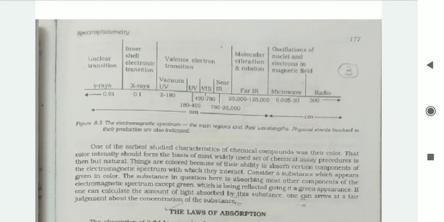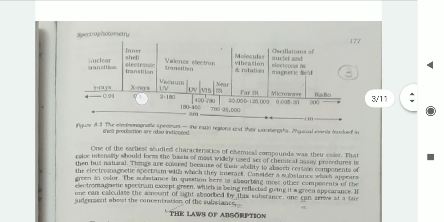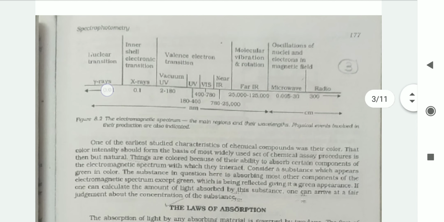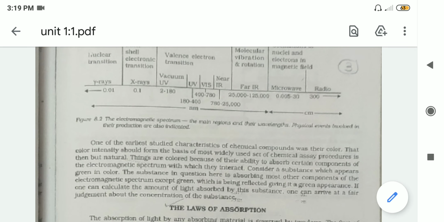We cannot see any of the other waves, the X-rays, gamma rays, UV, infrared, microwave, radio waves. Only the light emitted by the sun or the tube light in your room is visible range light.